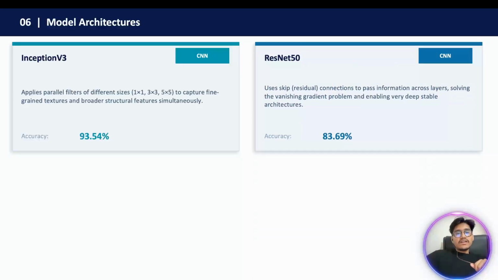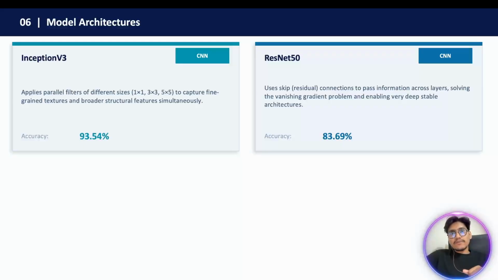And then we have ResNet 50. This is also CNN based. ResNet, which stands for Residual Network, was developed by Microsoft Research. Its key innovation is the skip connection, also called a residual connection. In a normal deep neural network, as you add more layers, the gradients used to train the network become extremely small. This is called the vanishing gradient problem, and the network stops learning.